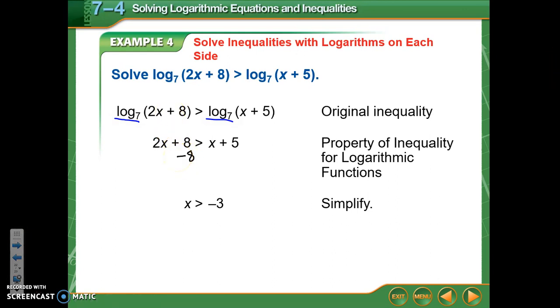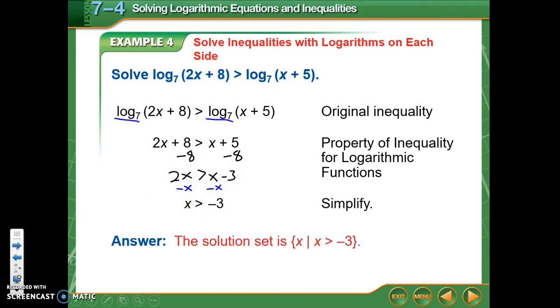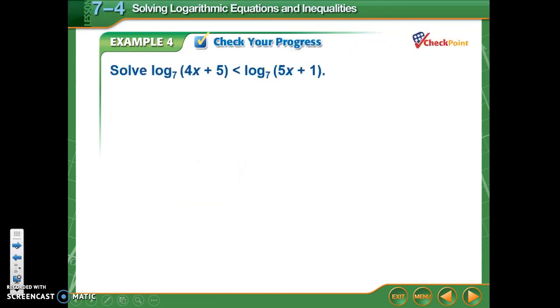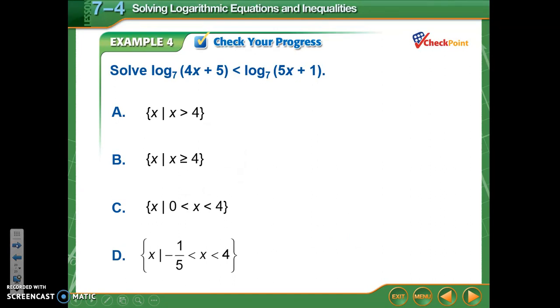I would subtract 8 from both sides here, and I would get 2x is greater than x minus 3. And then we would subtract x from both sides. We get x is greater than negative 3. And that would be my solution set. And here is one more for you to try.